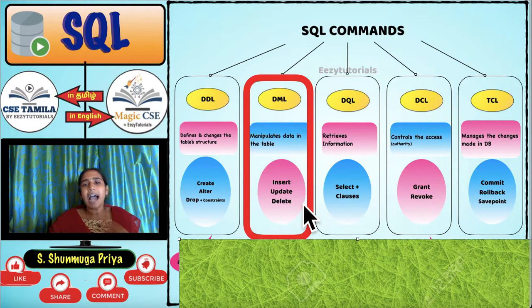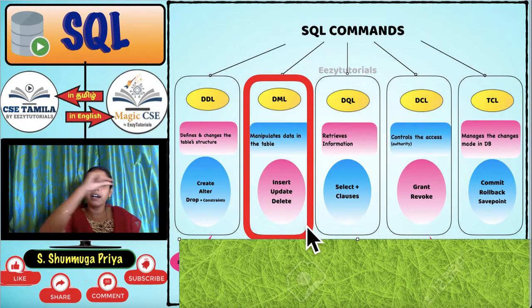So all the handling and manipulation of the data inside the table can be done with the help of these DML commands. So we'll be mostly doing insert, update and delete, which we'll be seeing in this video and upcoming videos. So the first task which you want to do with DML is inserting a value.